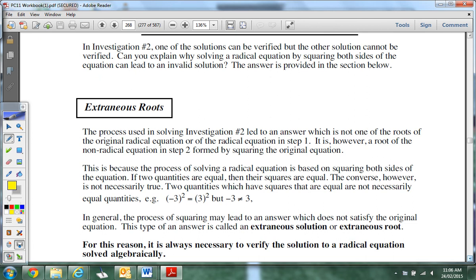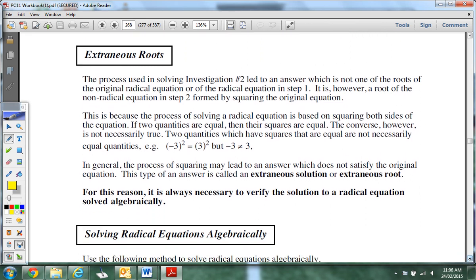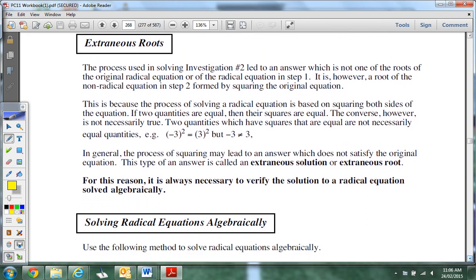Okay, investigation 2. One of the solutions can be verified, but the other solution cannot be. Can you explain why solving a radical equation by squaring both sides of the equation could lead to an invalid solution? Okay, that's because the squaring gives us two options, but one option could be in the negatives.